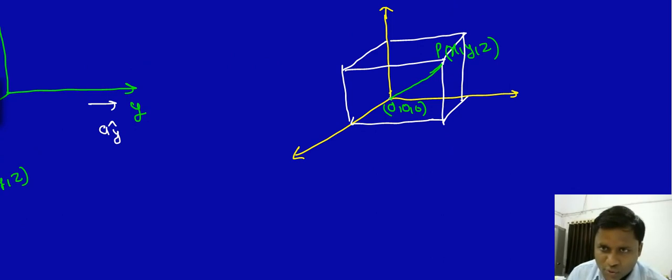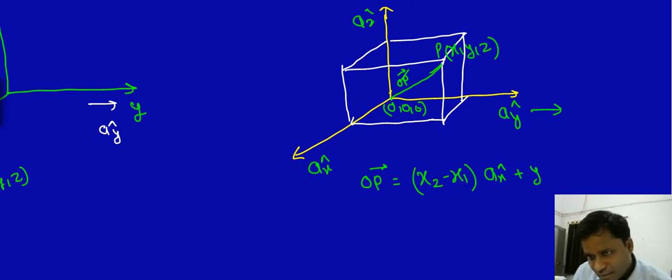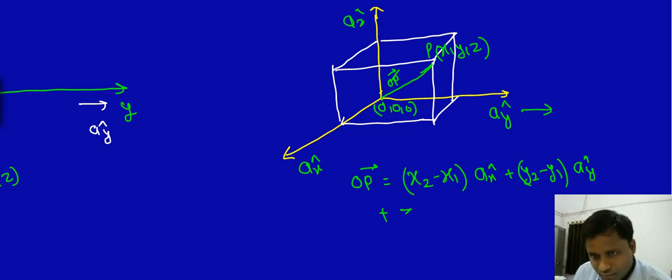Since we are moving from O to P, this vector is called the OP vector. So the OP vector is x2 minus x1 times a x cap, because this is the unit vector for x, ay for y and az for z, plus y2 minus y1 times ay cap, plus z2 minus z1 times az cap.